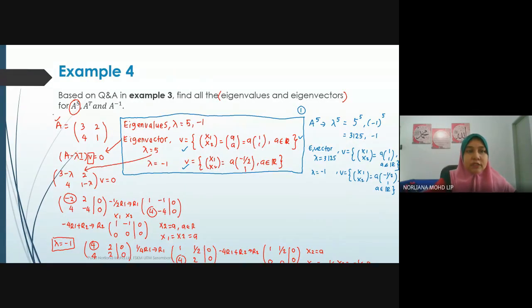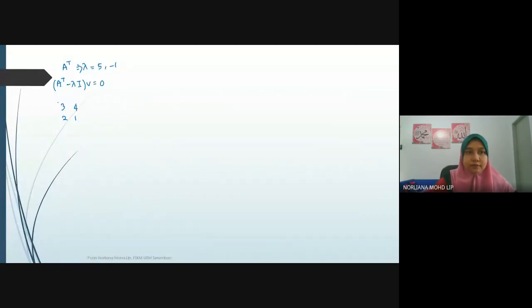A transpose kan kat sini, minus lambda I. Lambda 0, 0, lambda. We get 3 minus lambda, 4, 2, 1 minus lambda, equal to 0.